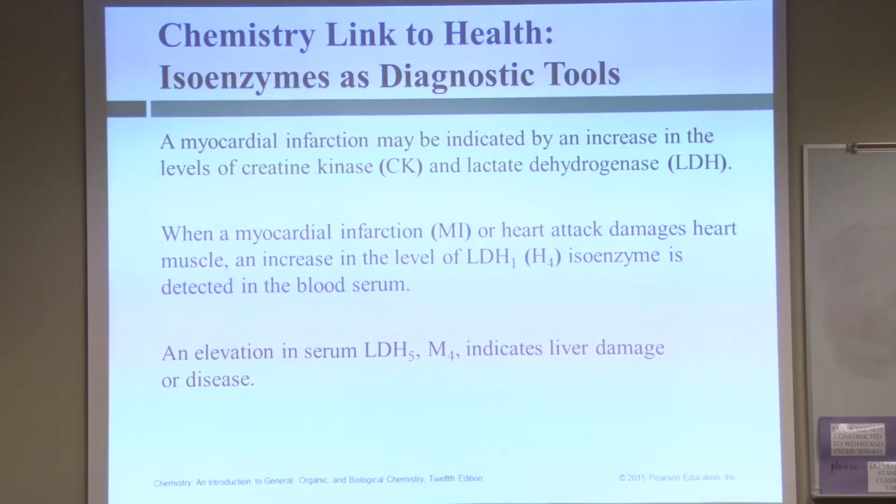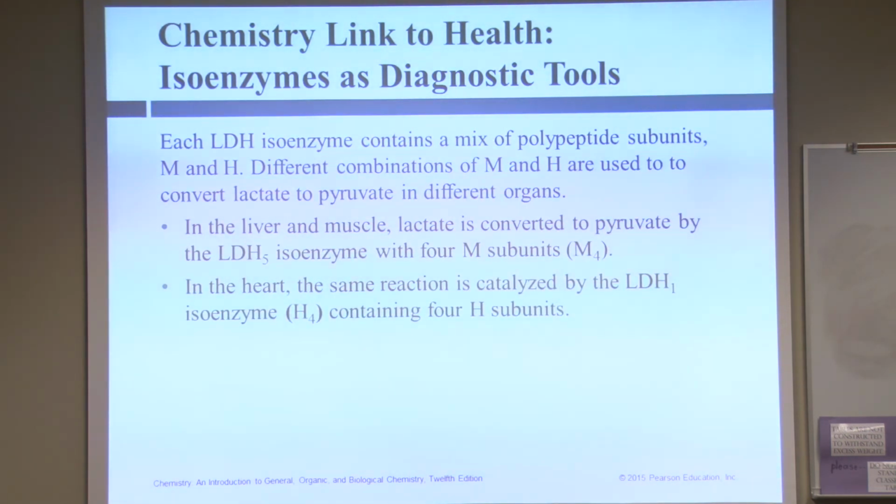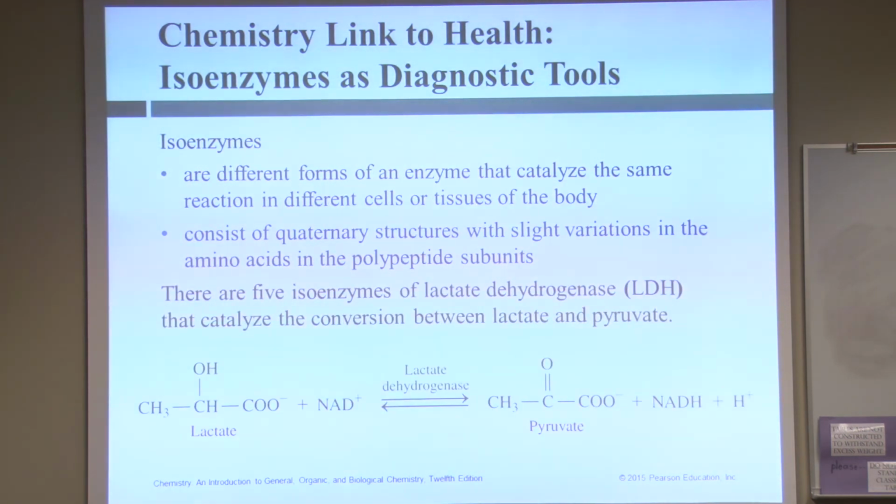When an MI or heart attack damages heart muscle, an increase in the level of LDH1 or H4 isoenzyme is detected in the bloodstream. You can see that it is present in the heart and kidneys. And an elevation in serum LDH5, M4, indicates liver damage or disease. An MI may be indicated by an increase in the levels of CK and LDH. So these are diagnostic tools, and this is what we discussed.